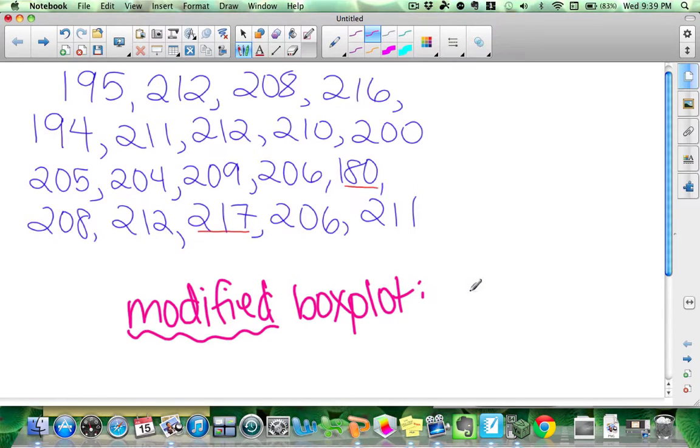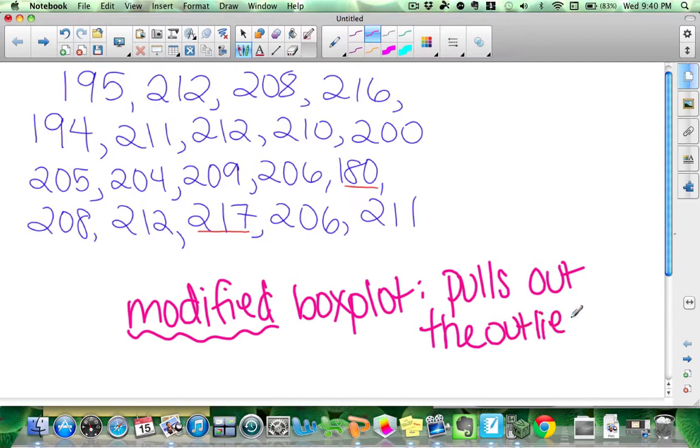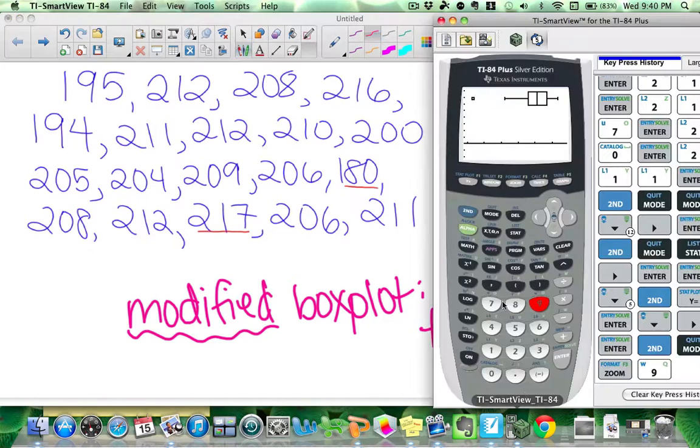So if you're asked to make a box plot, assume that they mean modified. What I mean by modified is that it pulls out the outliers. And it identifies them with, in this case, a little pixel guy, or sometimes if we draw them by hand, we might mark them as like an asterisk or something like that.